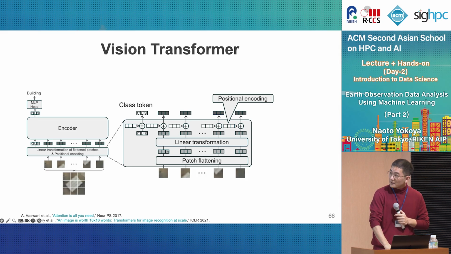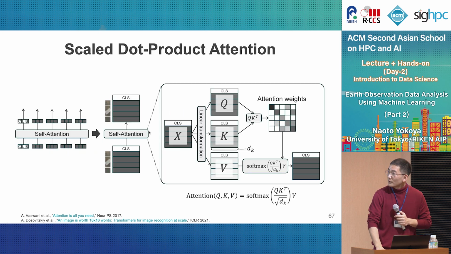The first step is just a linear transformation, and if we want to classify the entire image, we also need to prepare a vector representing the entire image, which is called the class token. But what's important is self-attention. Each patch will be a row vector, and with the class token, it will be like a matrix.